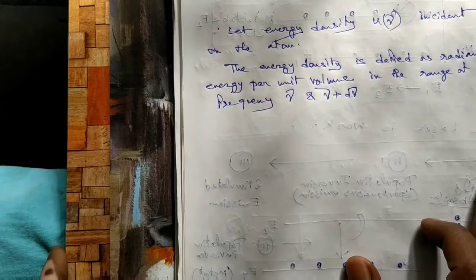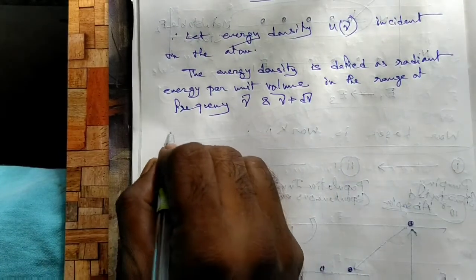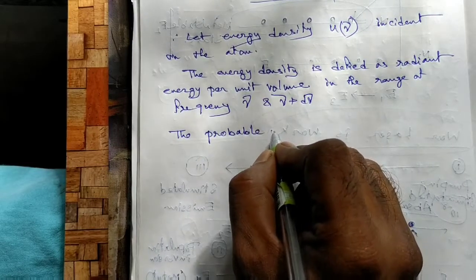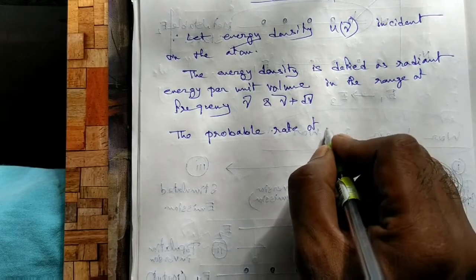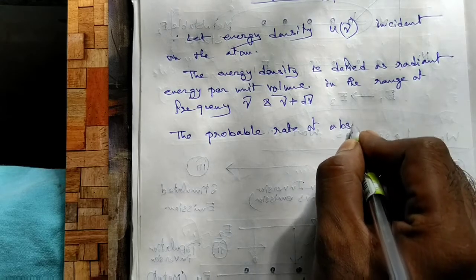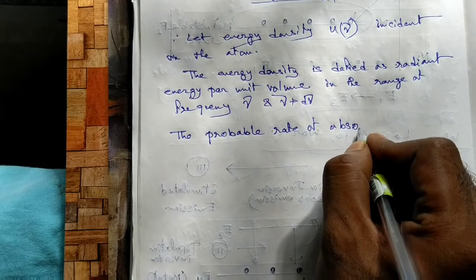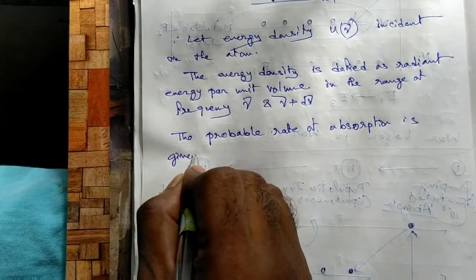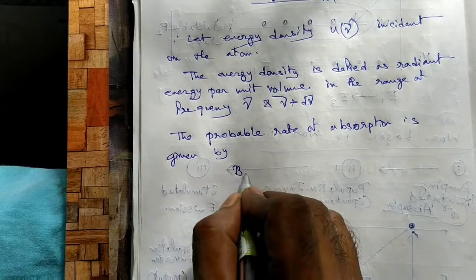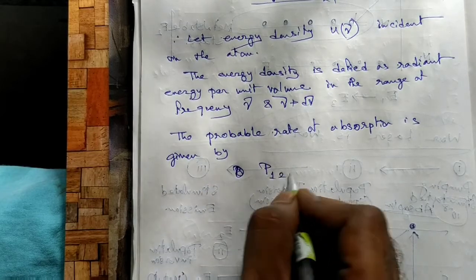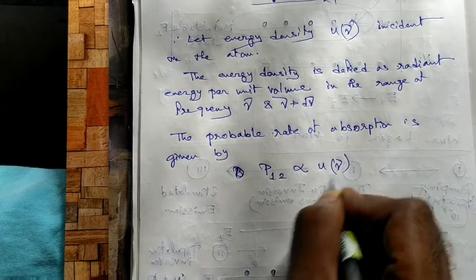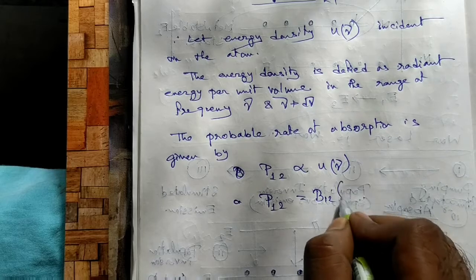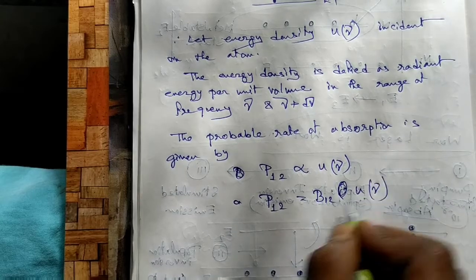Okay, so now the probable rate of absorption is given by P12 is proportional to u nu, or P12 is equal to B12 into u nu.